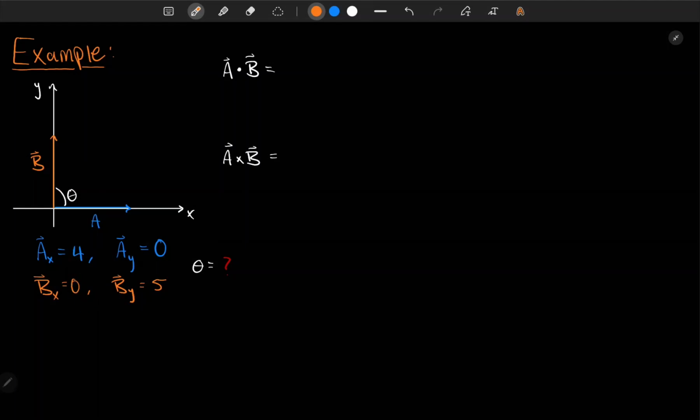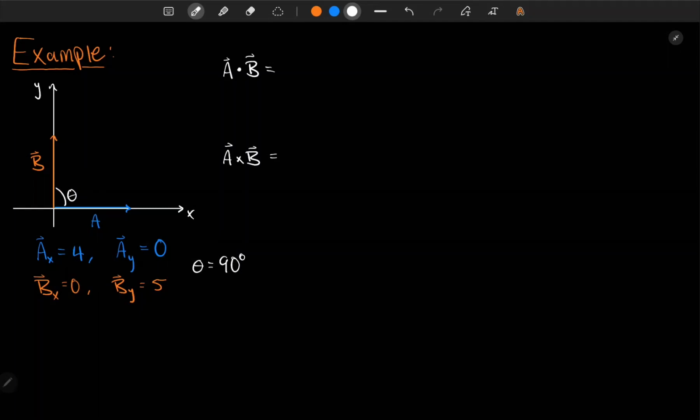And because these vectors lie on the x and y-axis, we see that theta is the angle between the x and y-axis, which is 90 degrees. So theta here is 90 degrees. There's actually a right angle between A and B.